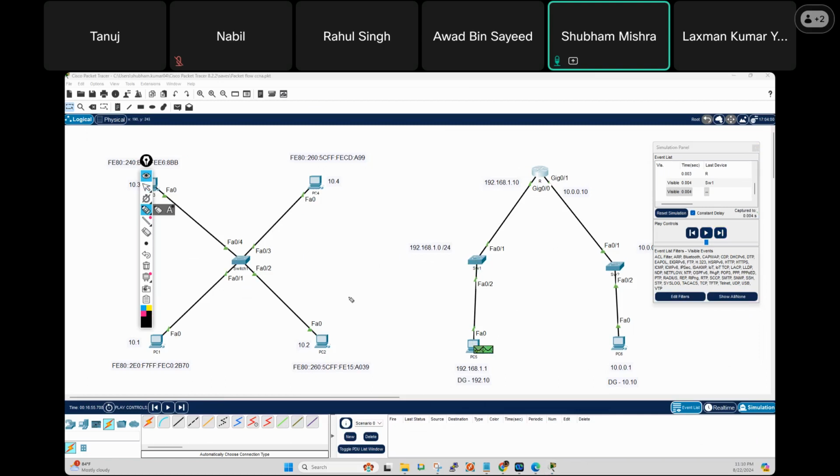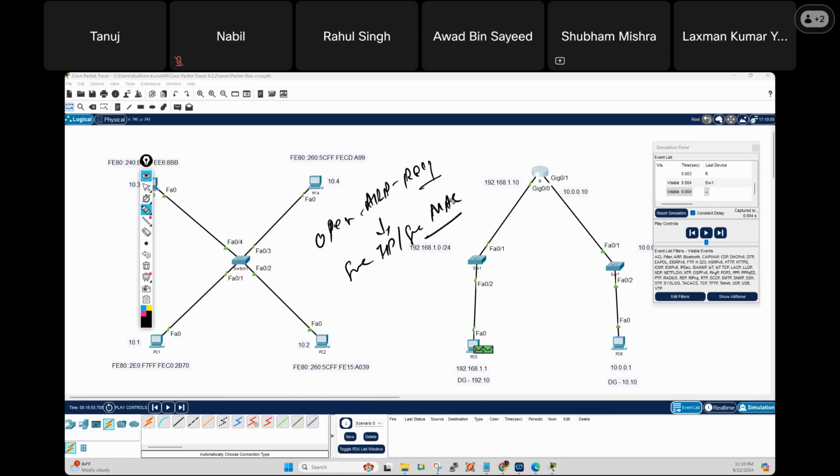PC number 5 will open this ARP reply and check what the source IP and source MAC are. After checking source IP and source MAC, make an entry in which table? ARP table.